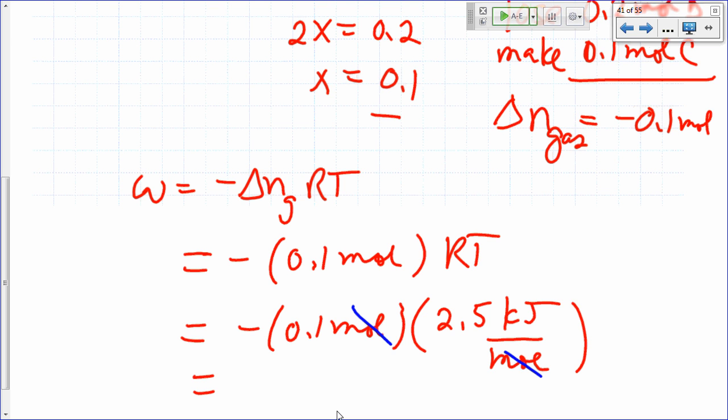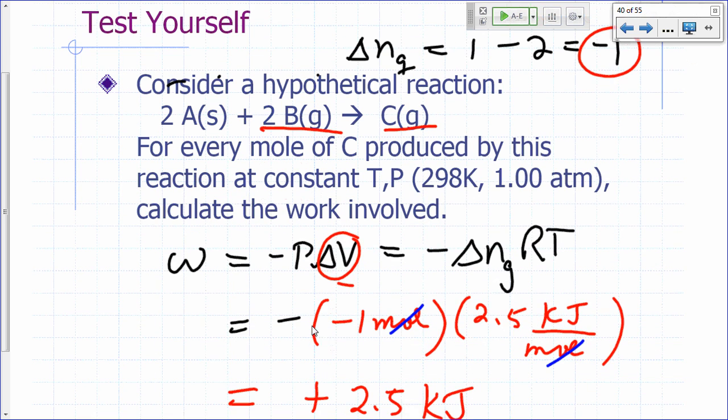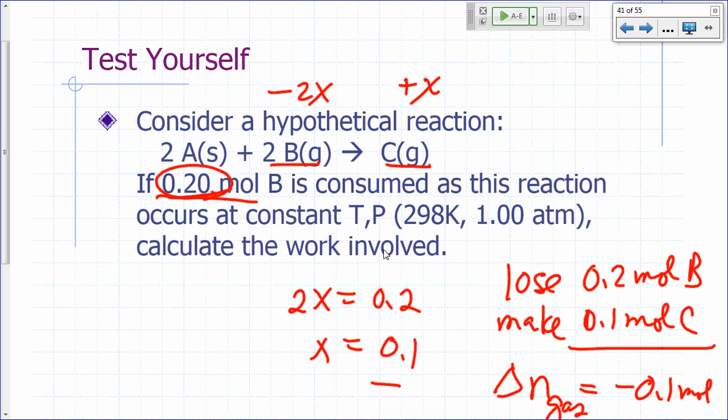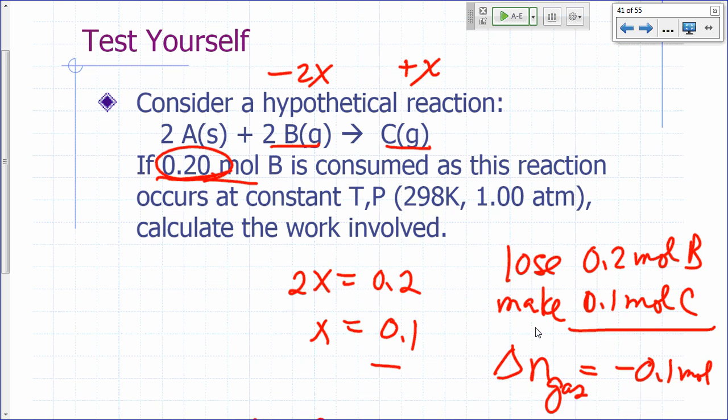I'm sorry, that's negative 0.1, so that becomes positive 0.25 kilojoules. Okay? System is going to shrink, not as much as the other case. Here you actually have a loss of a mole in the earlier question. In this question right here, you only lost 0.1 mole of gas.